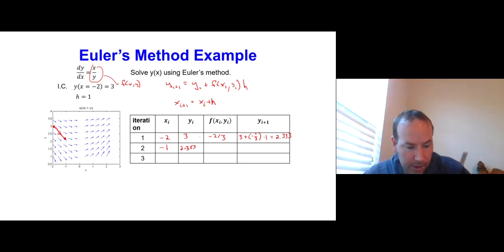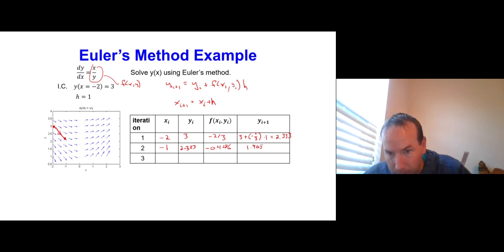You take the ratio of these, and you get -0.4286. Then y_i, which is 2.33, plus this slope times 1, gives you 1.905.